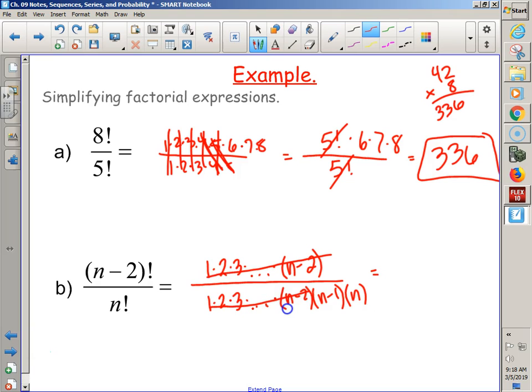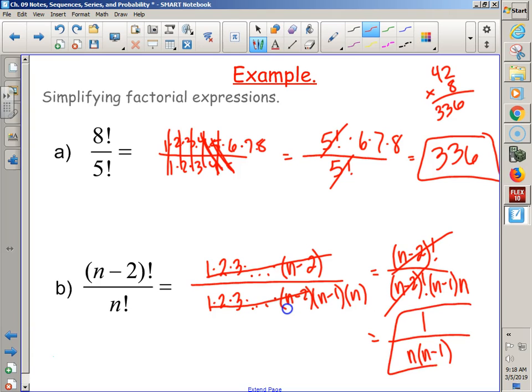Or couldn't we also say that n minus 2 factorial is down here also, but then you also have an n minus 1 and an n? Which means 1 over. Well, that's a lot easier than that.